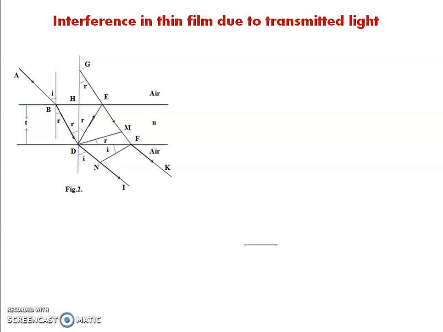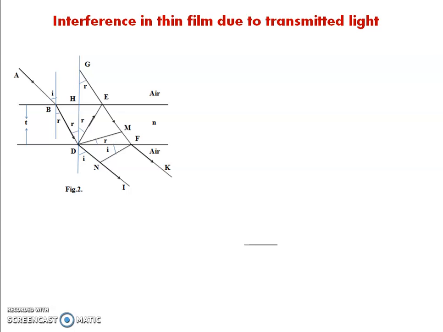Now, interference in a film due to transmitted light. Let us consider a thin film of thickness t and refractive index μ. AB is the monochromatic source of light, the incident ray, falling at a point B on the upper surface at an angle i.